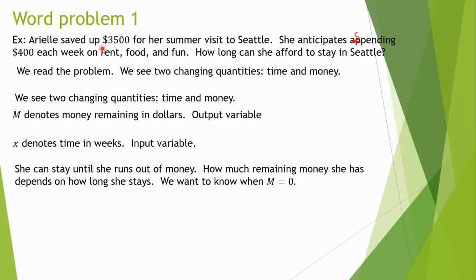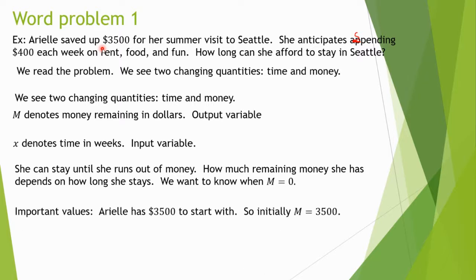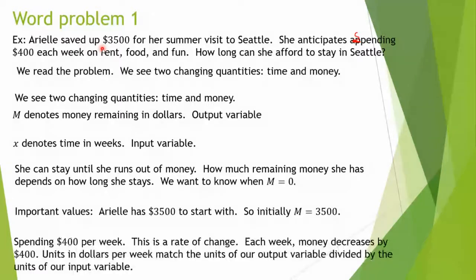Those are important information for us. And notice there is a rate of change here, right? She's spending $400 per week. So what does that tell us? That tells us M, how much money she has, is decreasing at a rate of $400 per week.